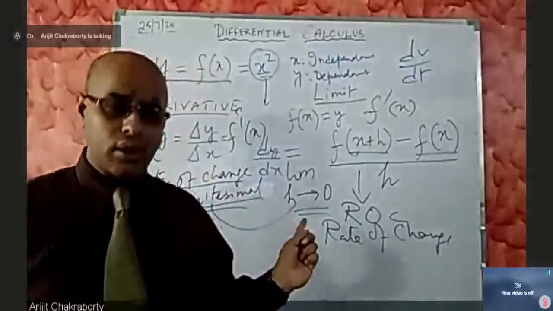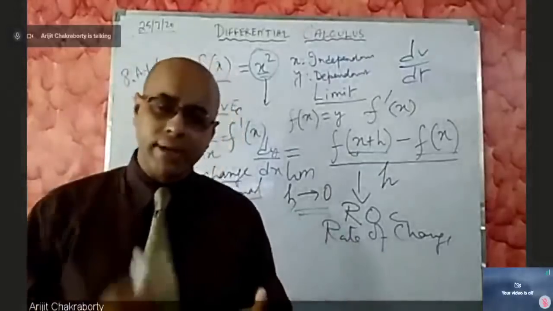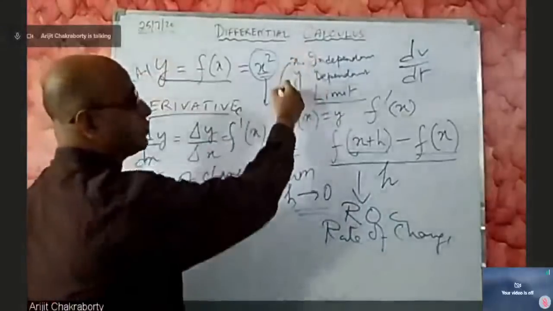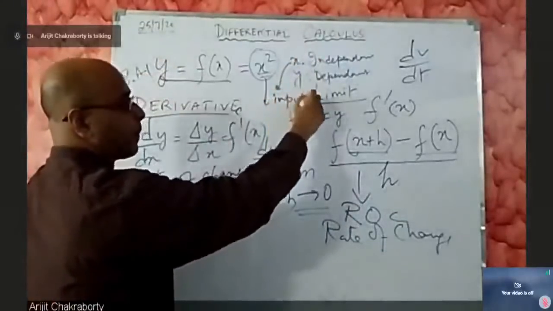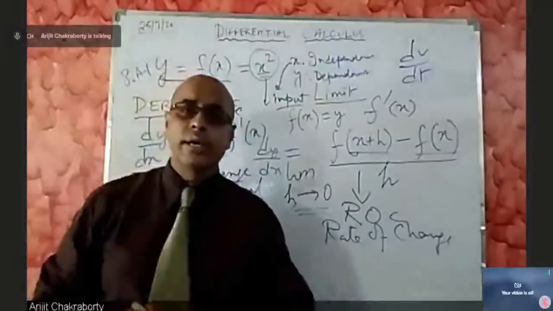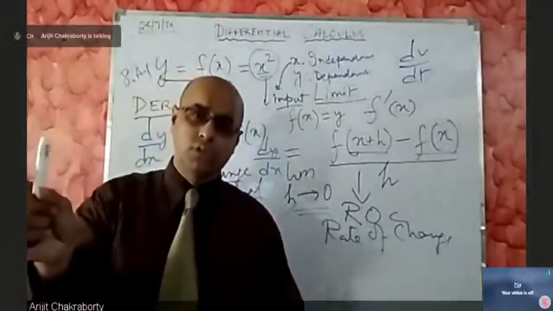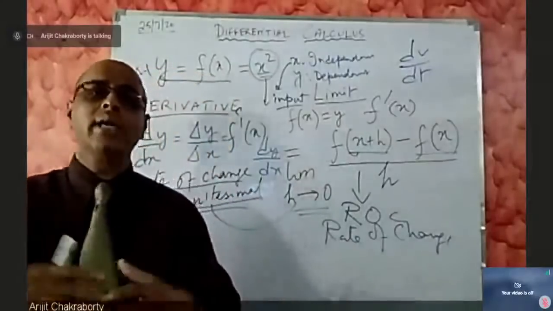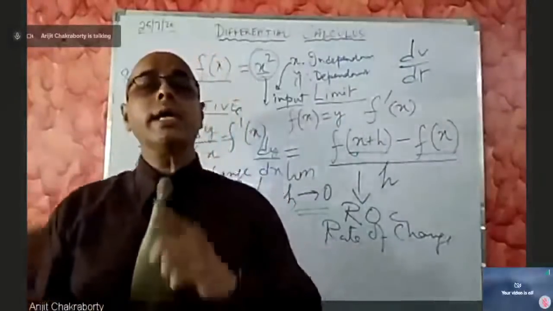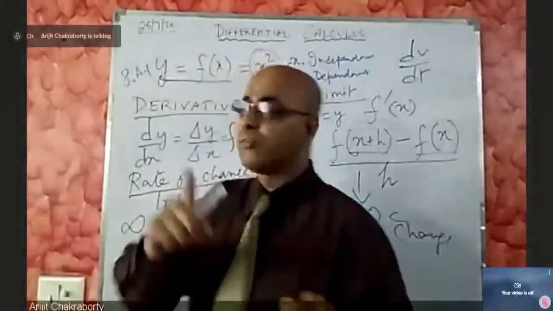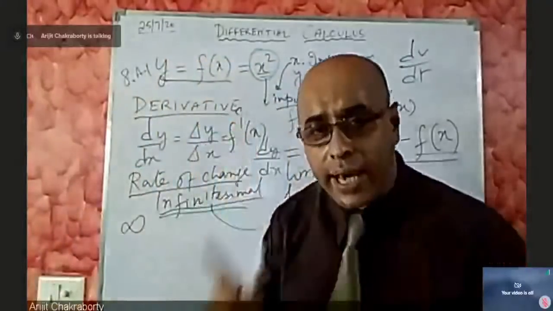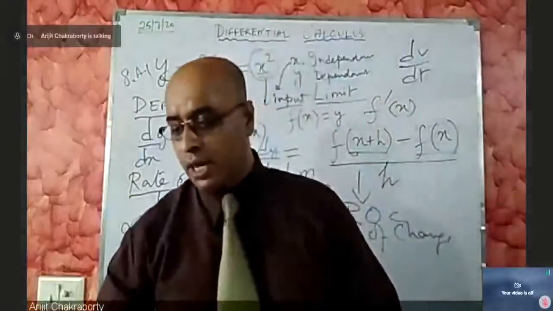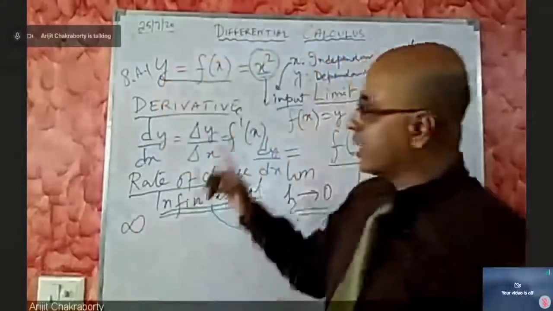X is definitely the independent variable. You can also call it input. X is the input, y is the output. One is input, the other is output. X is the independent variable and the value of y depends on x. So y is the dependent variable. Right?